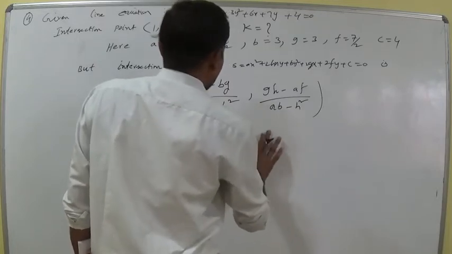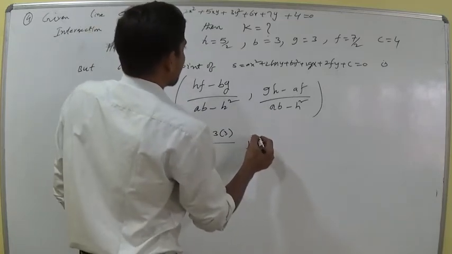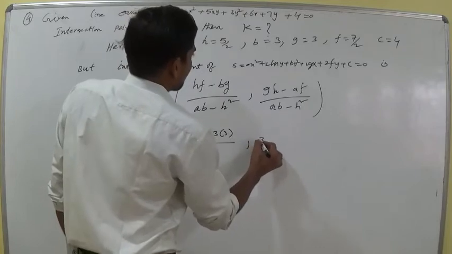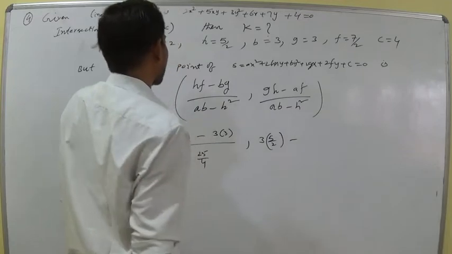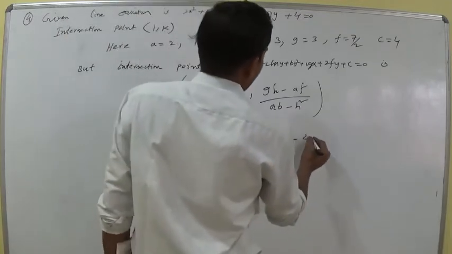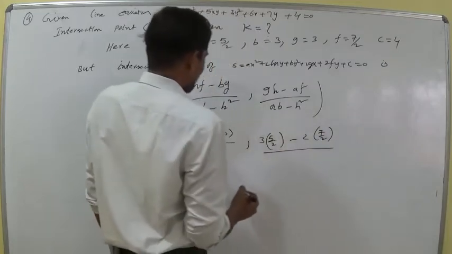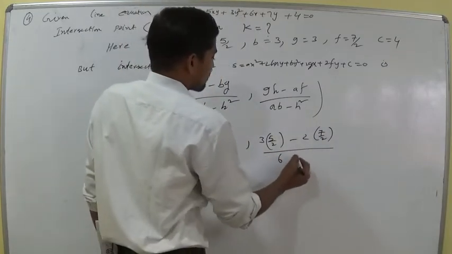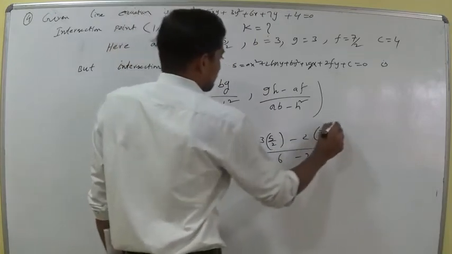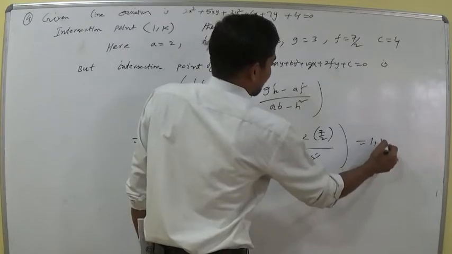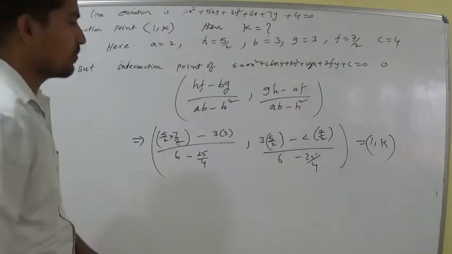We'll follow the process. What is g here? 3. h is 5 by 2, minus af, 2 into 7 by 2, by the same 6 minus 25 by 4, which is equal to (1, k). The intersection point is given as (1, k).